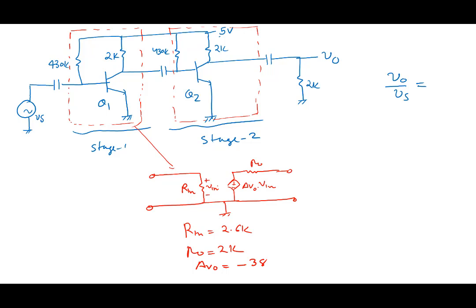So you have to put these two stages together and calculate. Check if the overall gain comes out to be 408, is it? If my calculations are okay, 408.